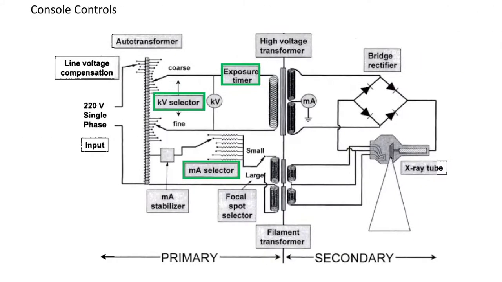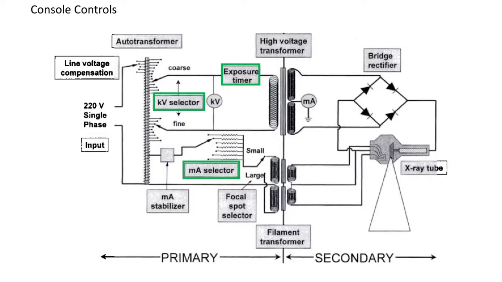Next, we talk about the controls which the radiographer or the technician has at their disposal. The first one is the KV selector. This is where the technician may select what the kilovolt peak should be for a particular exposure.